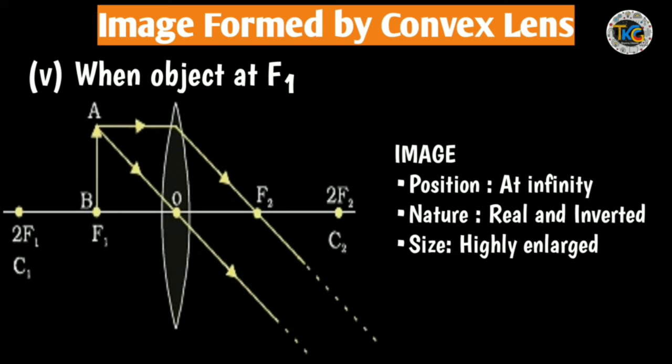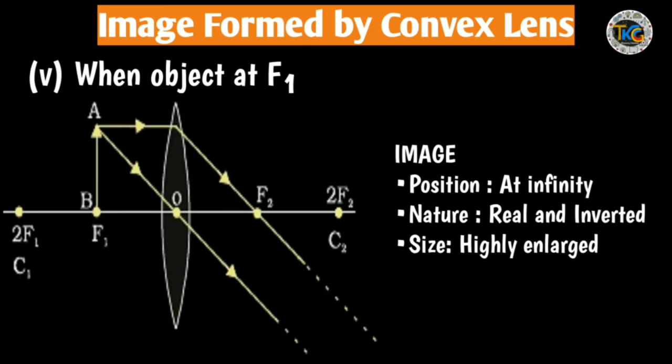So here what is the position of the image? The position of the image is at infinity. Real rays meet, so it is real and inverted. And what is the size? The image is formed at infinity, that means the size of the image is highly enlarged with respect to the object.